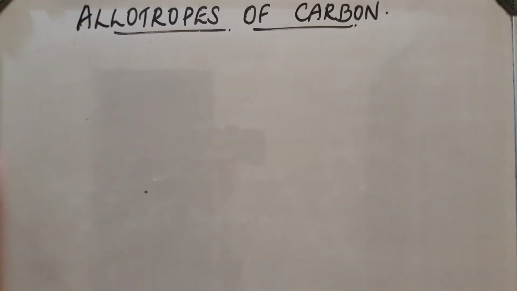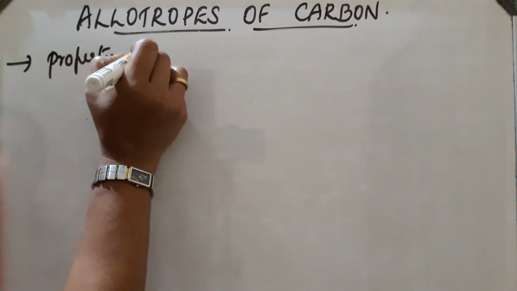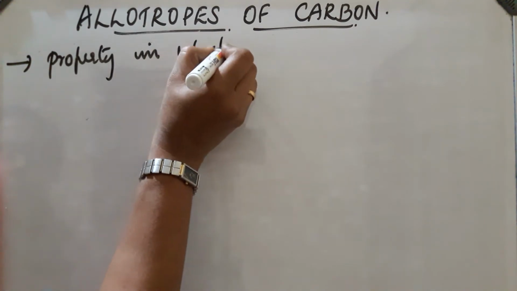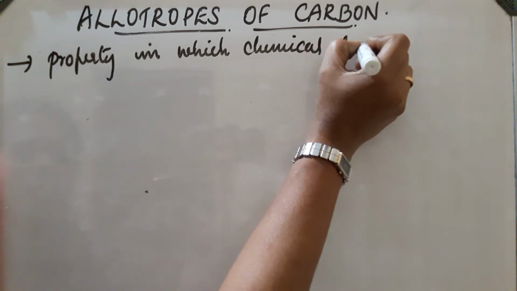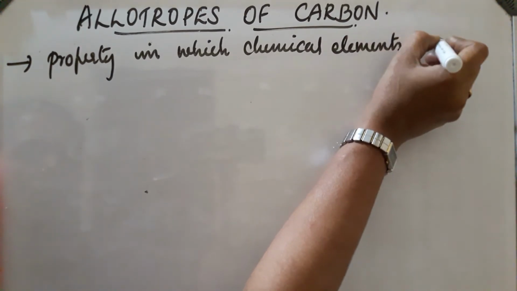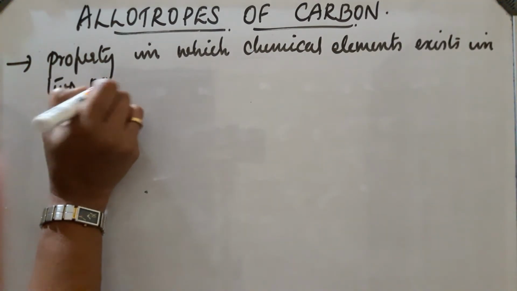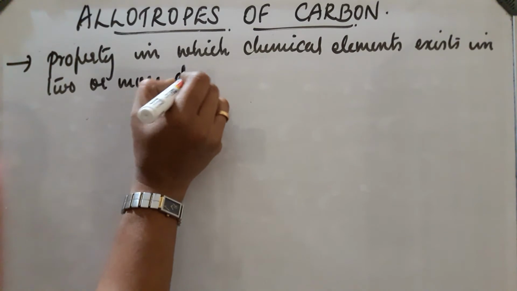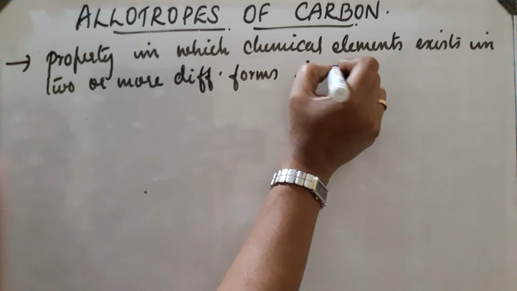Allotropy is the property in which chemical elements exist in two or more different forms in the same physical state.